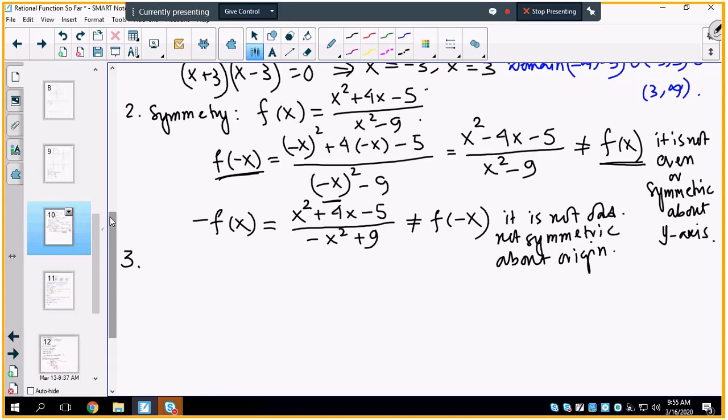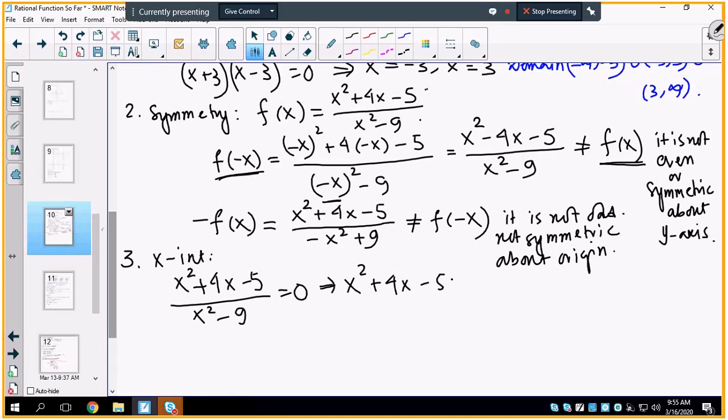Number 3, we're going to talk about the x-intercept and the y-intercept. For the x-intercept, I'm just going to set the rational function x squared plus 4x minus 5 over x squared minus 9 equal to 0. And I only care about the numerator, so I will say x squared plus 4x minus 5 equal to 0. You factor it.